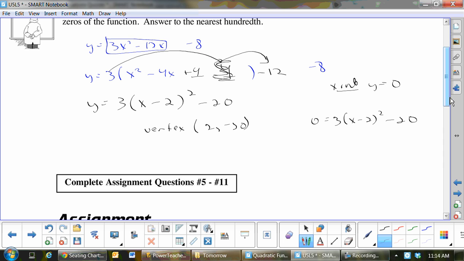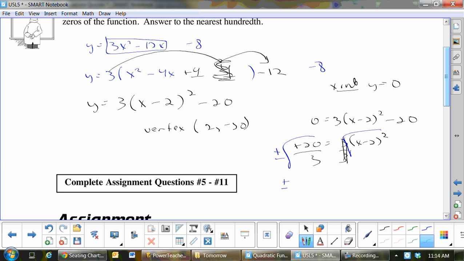So, first thing we're going to do is add 20. 20 equals 3(x minus 2) squared. Then I will divide by 3, right? And then I will square root, right? And make sure I put a plus minus here.